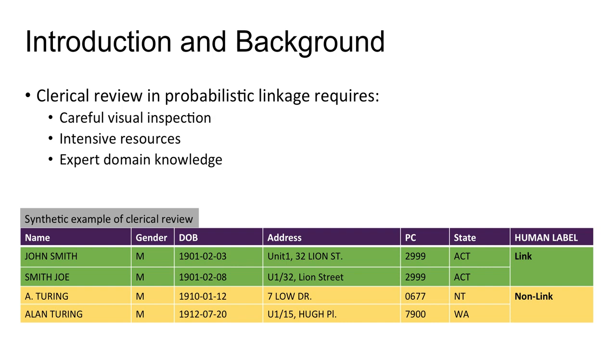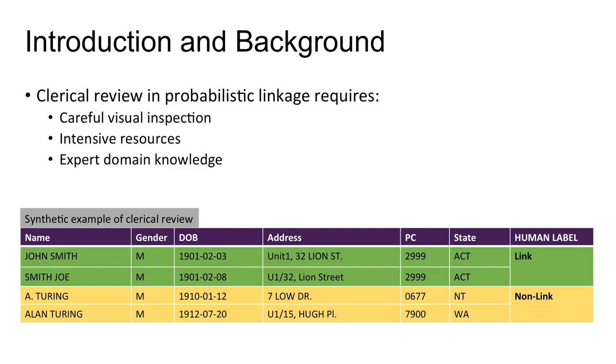You can see synthetic examples of clerical review. In the first two rows, colored green, which are assumed to be a link, you can see the name is very close because John is sometimes known as Joe. Gender is matched.